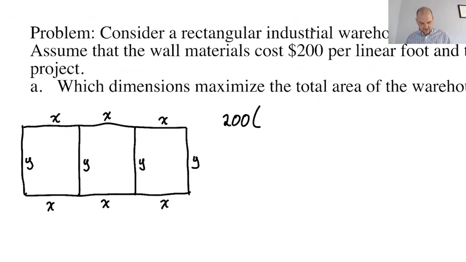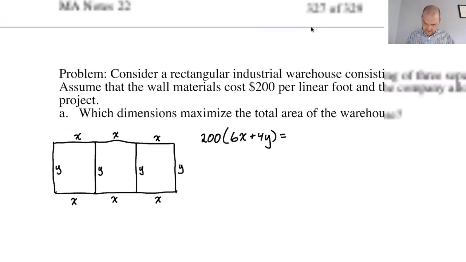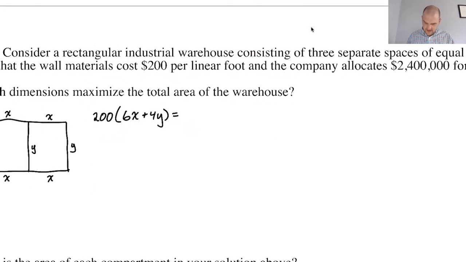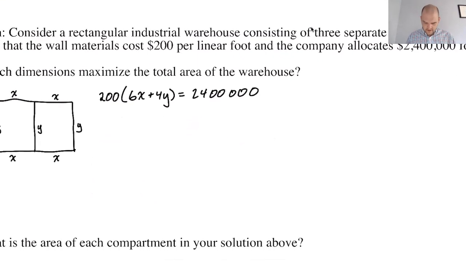All right, how many x's are there? There are 6 x's, and there are 4 y's. All right, and if I do that, that should cost me, I'm gonna assume I use every dollar that I have, 2,412,123. Okay, it should cost me that. So what can we do here?